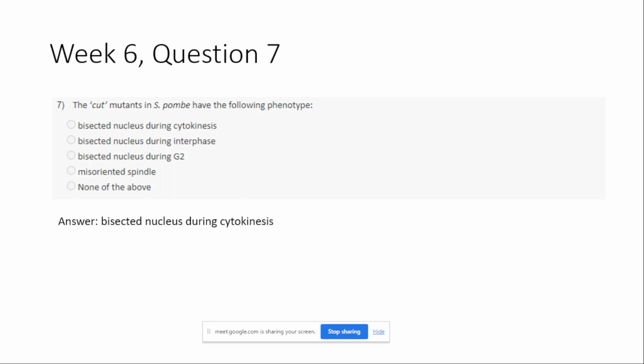So due to that, if the cytokinesis occurs, then it will have an immature double strand break in the DNA of the progeny. So that's why they have the bisected nucleus during cytokinesis. This is the phenotype.